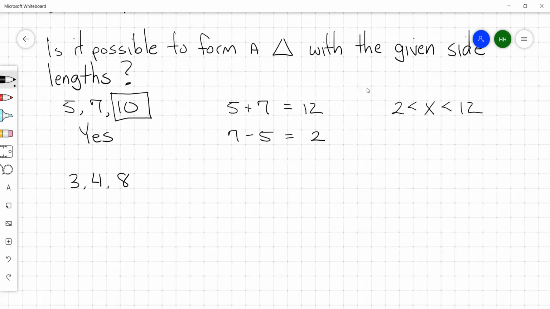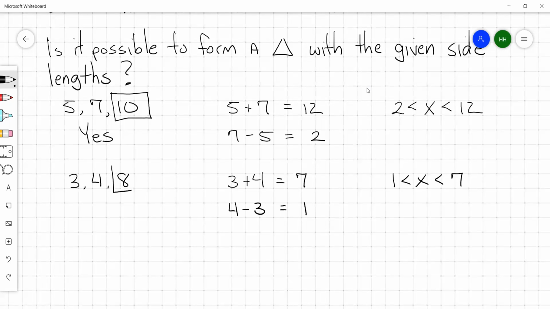You start off with the two shortest, so you take your 3 plus your 4. That's equal to 7. And then with your two shortest, take the biggest minus the smallest. That way you'll always have a positive. So then take your 4 minus your 3, and that equals 1. So based on that rule, the third side of this triangle has to be between 1 and 7.